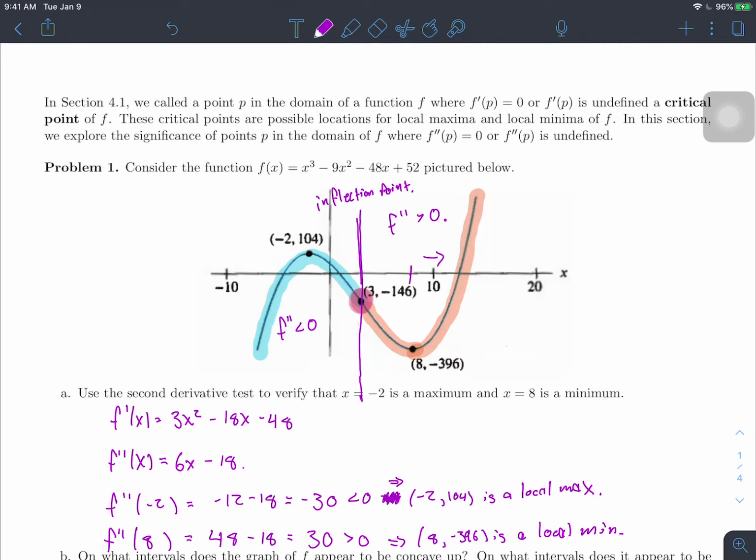What's the value of f double prime? Should be 0, right? If I'm negative, negative, negative, negative, and then suddenly a split second later I'm positive, I must have hit 0, right? It's like my slider. I've got to go past 0 to get to the top part of the slider, okay?